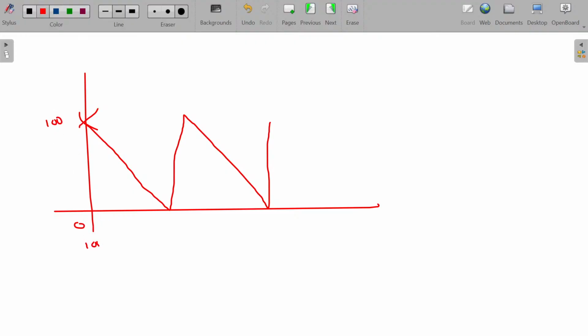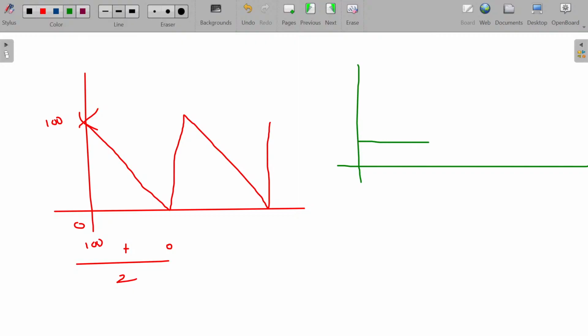So you can take the average of these two, which is nothing but half of 100. But when we have the safety stock model, we always maintain this extent as safety stock. We keep this much stock, and the moment it touches this, again we replace. Clear?